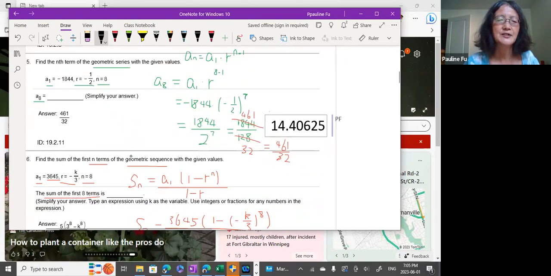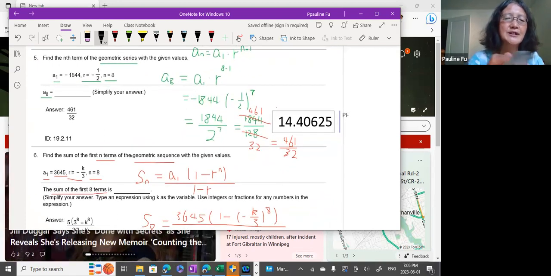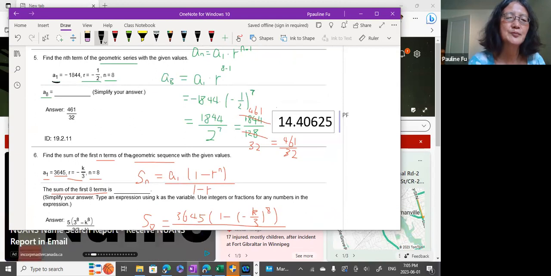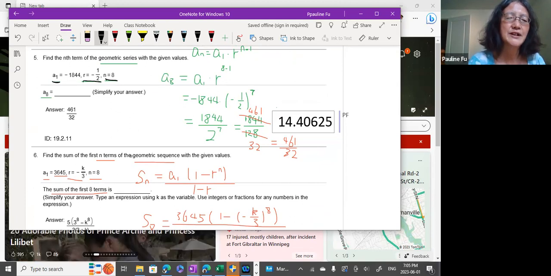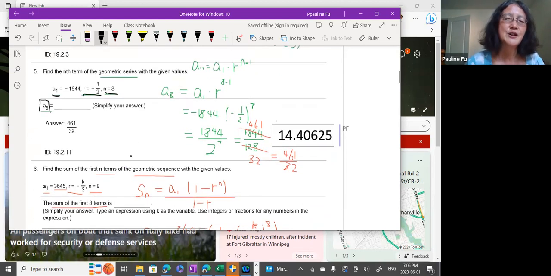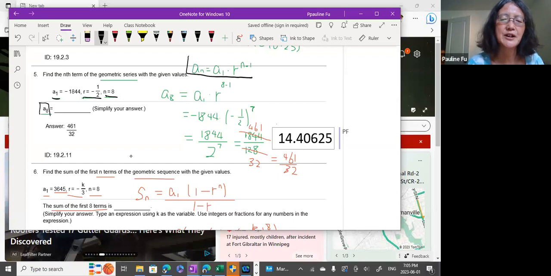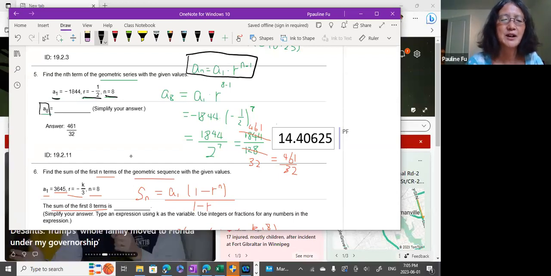Next question, question 5. Find nth term of the geometric sequence with the given value. So you are given A1, negative 1844, R, negative 1/2, N is 8. Question asks you, what is A8? So this is a geometric sequence. You use formula AN equal to A1 times R raised to power N minus 1.